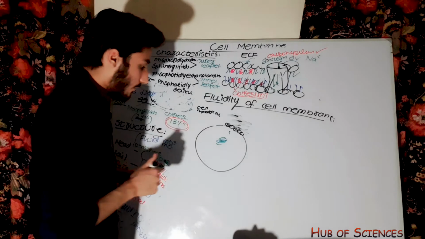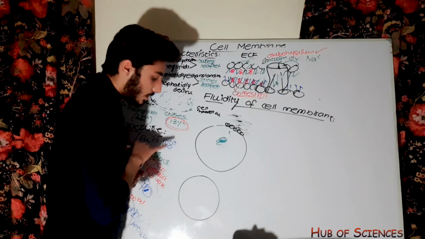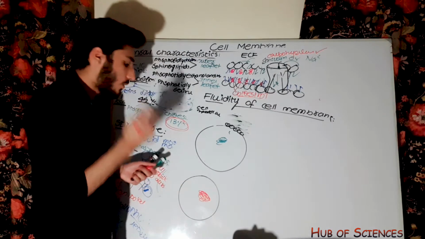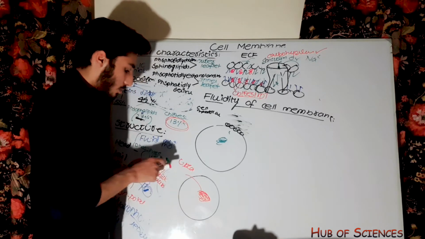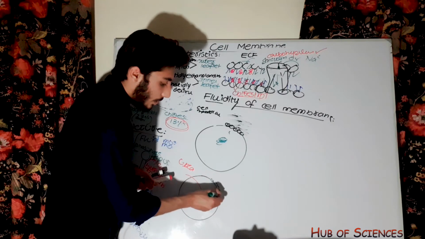The same is the case when the cell wants to remove a substance. For example, this is a substance, a metabolic waste, which we can call urea. The cell wants to escape it outside. So what will happen? This is the normal phospholipid bilayer.